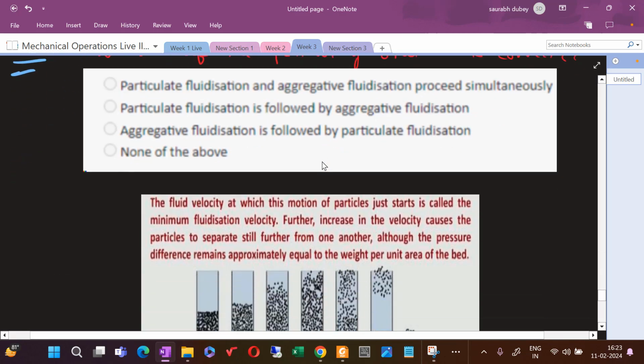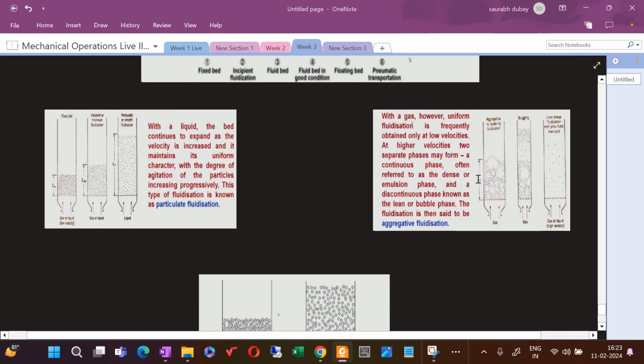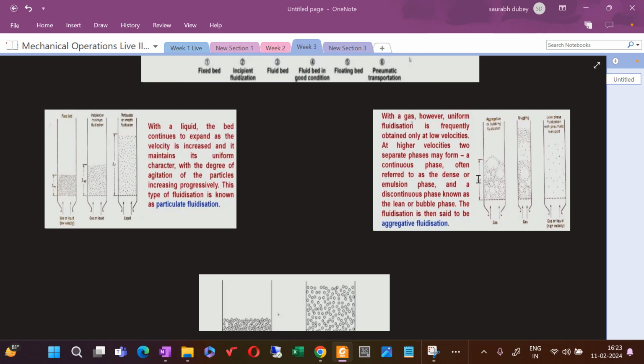So particulate fluidization is followed by aggregative fluidization. Which of the following is correct? So if you actually see this, this is correct.